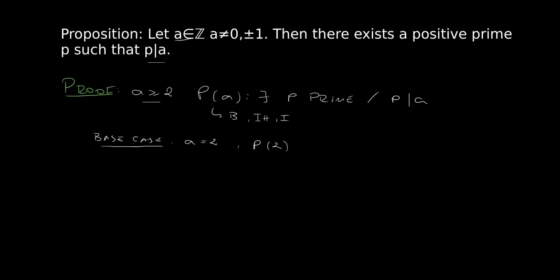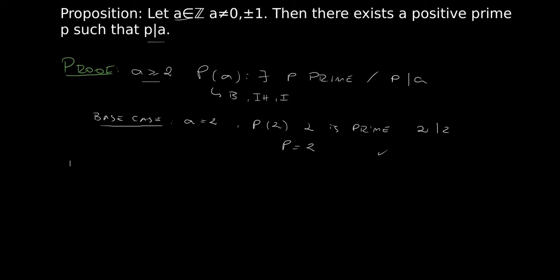And we have to ask ourselves if there exists an integer p prime such that p divides 2. And there does, because 2 is prime and 2 divides 2. So just set p equal to 2 and the base case is true.